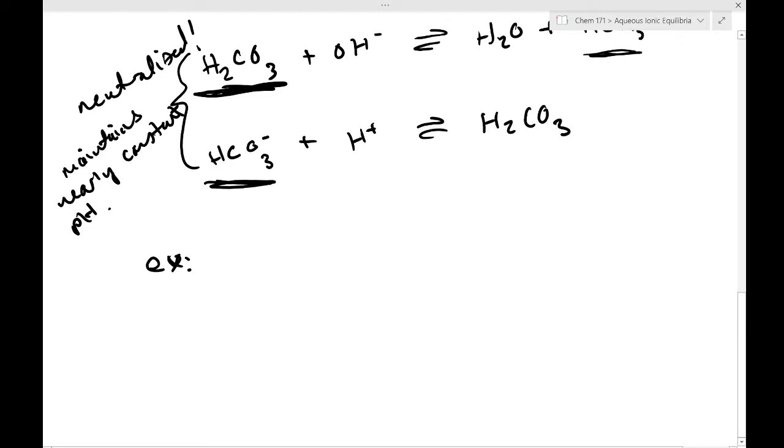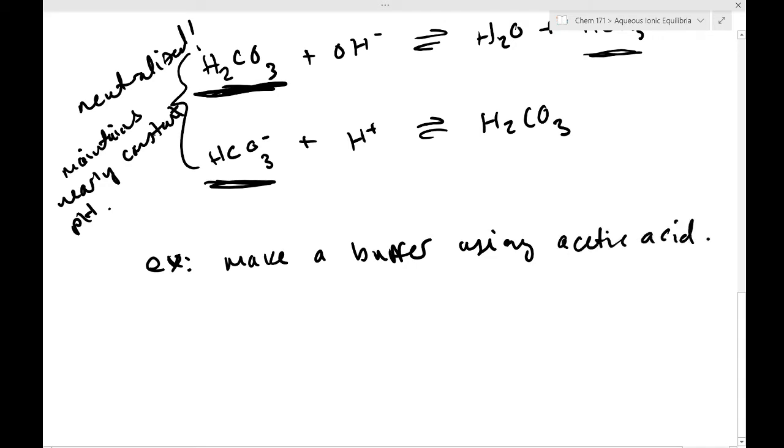For example, if we want to make a buffer solution using the weak acid, acetic acid. Make a buffer using acetic acid. What we need is we need an acetic acid solution.